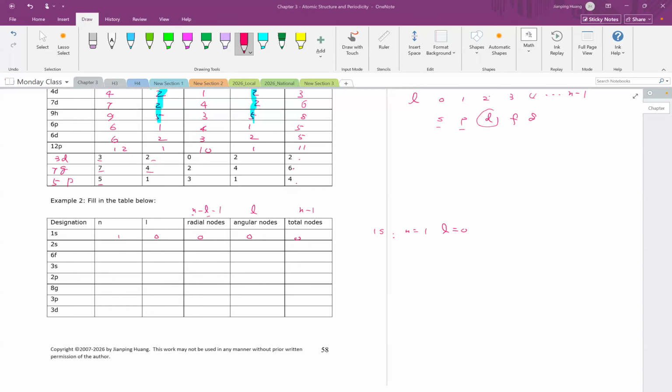Look at n minus 1. In the ground state n equal 1, the smallest number should be 0, such as 1s, the node equal 0. Right? Now go to next one, 2s: 2, 0, 1, 0, 1.